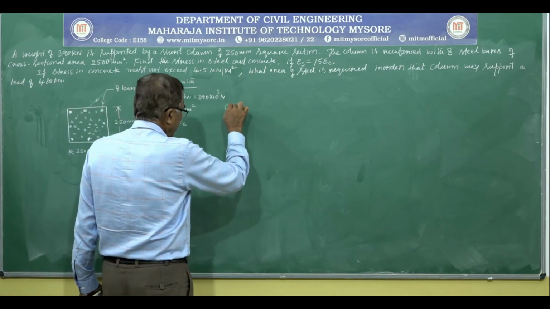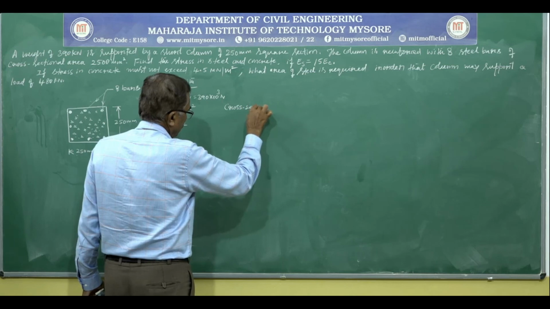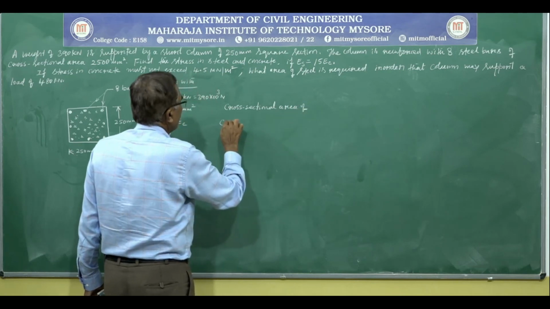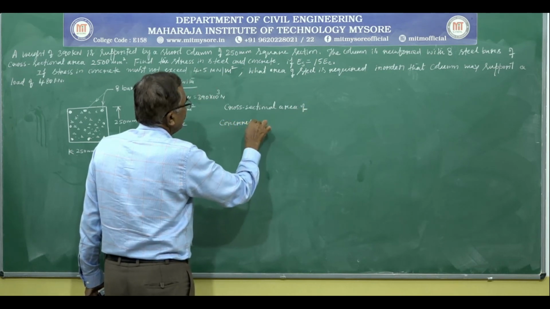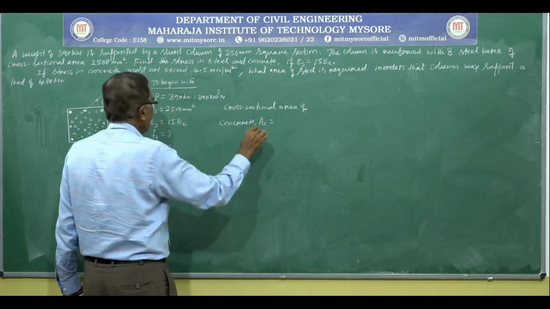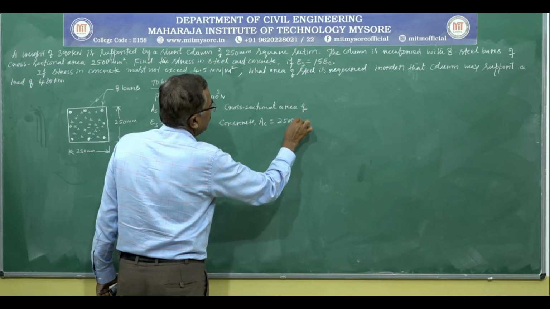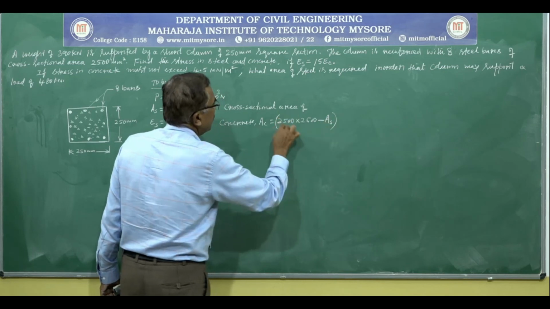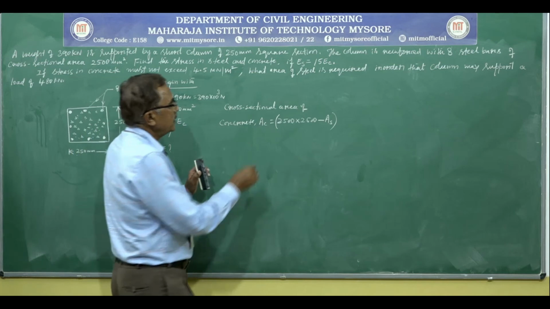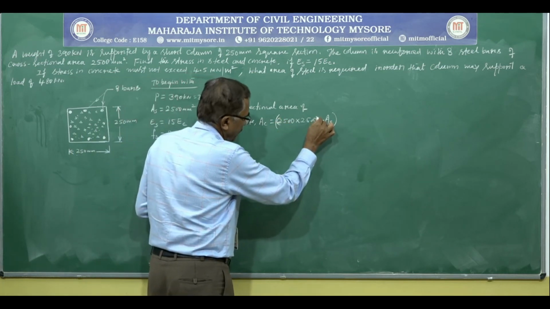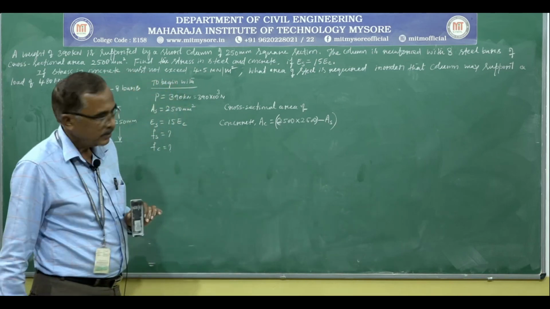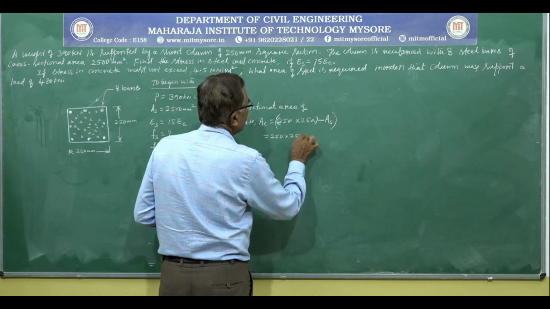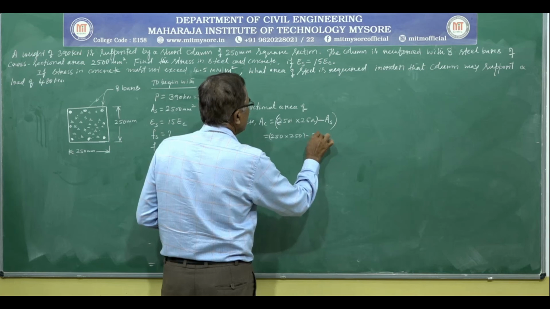Cross sectional area of concrete, that is Ac, as we discussed already in the last class, is equal to the cross sectional area of the column minus the cross sectional area of the steel, that is equal to 250 into 250 minus 2500.